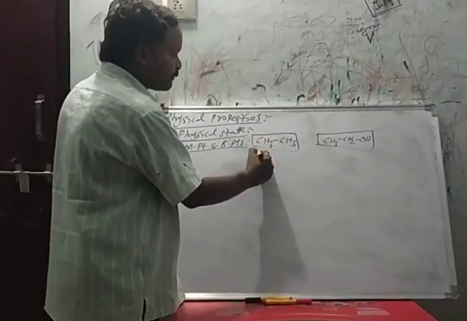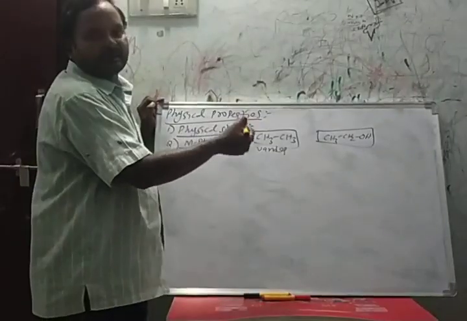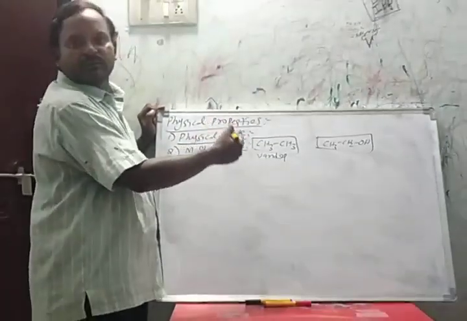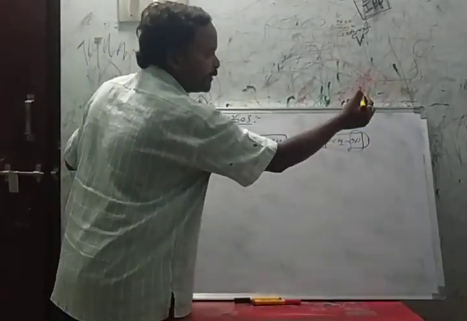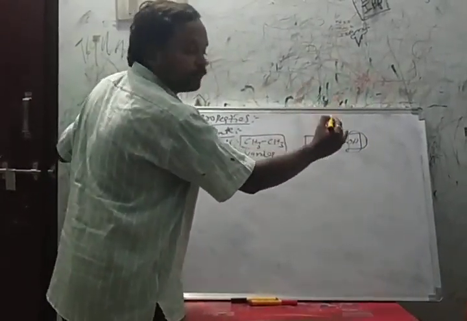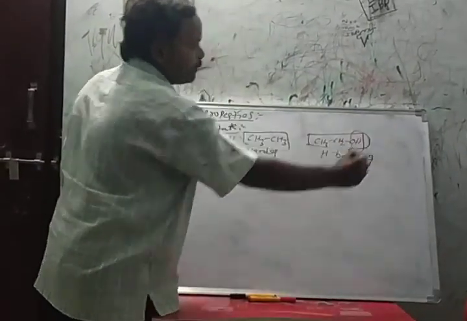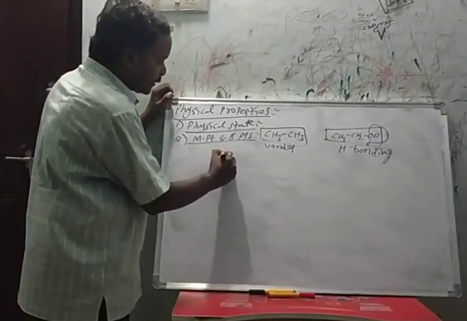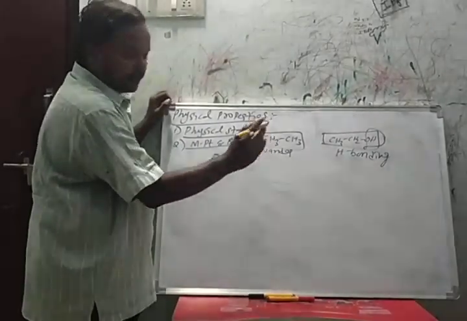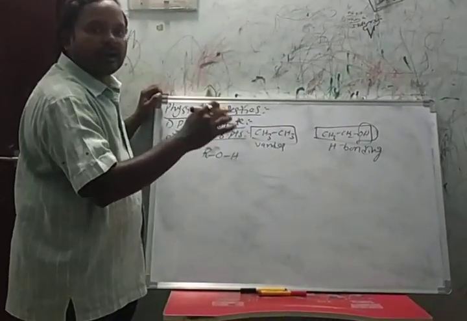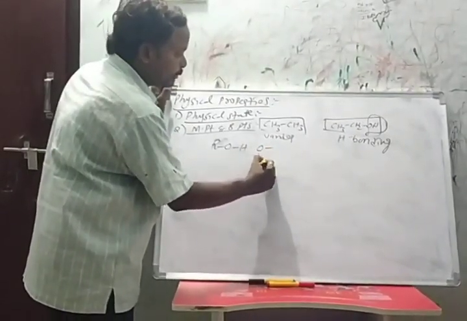Ethane involves van der Waals forces of attraction, that means weak forces of attraction. Ethyl alcohol, due to the presence of the OH group, involves hydrogen bonding. This is an alcohol molecule. An alcohol molecule involves hydrogen bonding with another alcohol molecule.